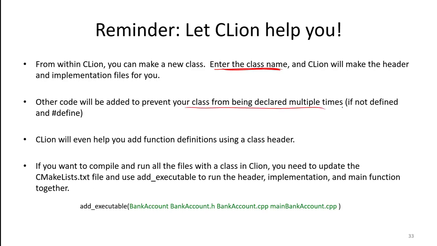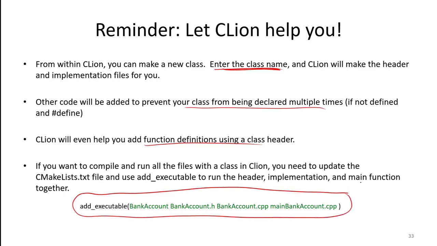And it can even use that generate definitions tool in order to generate the class definitions in the implementation file. One other thing to remember is you do need to update cmakelist.txt in order to tell CLion to compile all 3 files when running your programs.